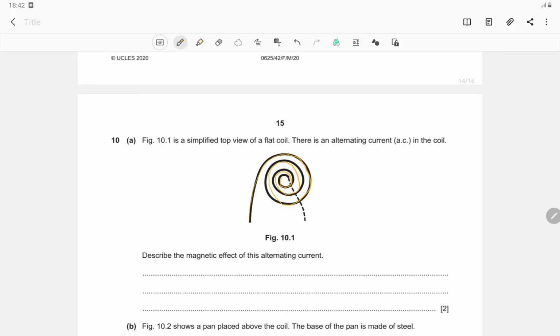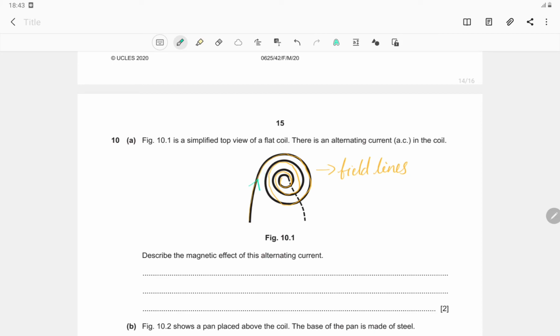So whenever there is a current, the coil behaves as a magnet, so that it will produce magnetic field lines. And this field line direction depends on the direction of flow of current.